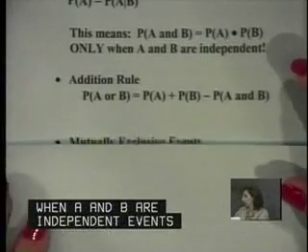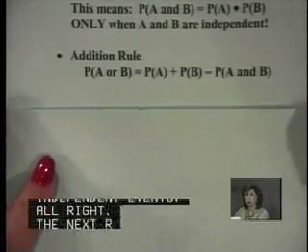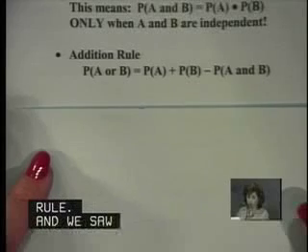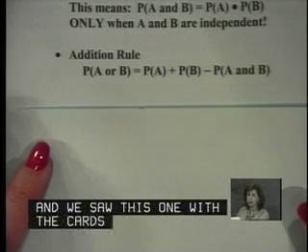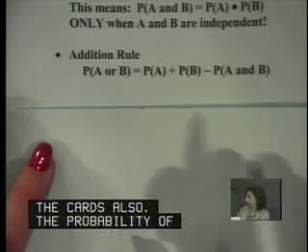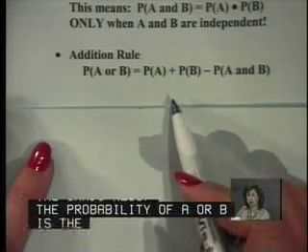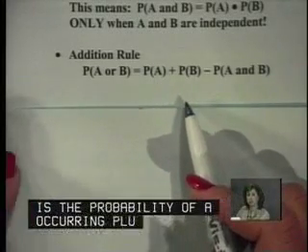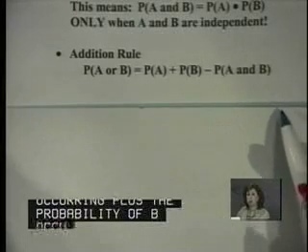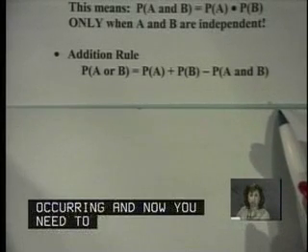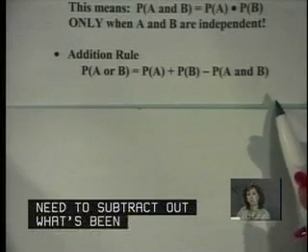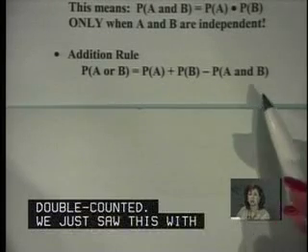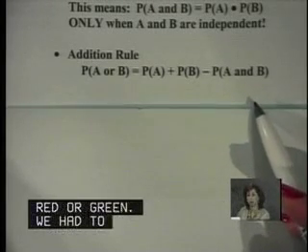All right, the next rule that we have is the addition rule. And we saw this one with the cards also. The probability of A or B is the probability of A occurring plus the probability of B occurring. And now you need to subtract out what's been double counted. We just saw this with the red or green. We had to subtract out those two cards that were double counted.